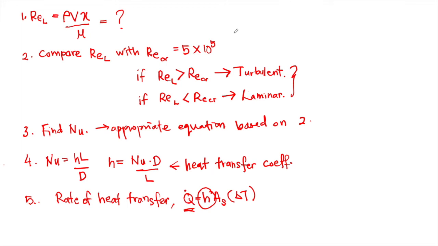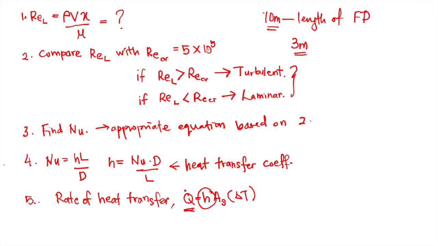So for the local Nusselt number, you must remember you have a 10 meter length of flat plate. But you need to determine the local Nusselt number at 3 meter, or you want to find the rate of heat transfer at 3 meter.